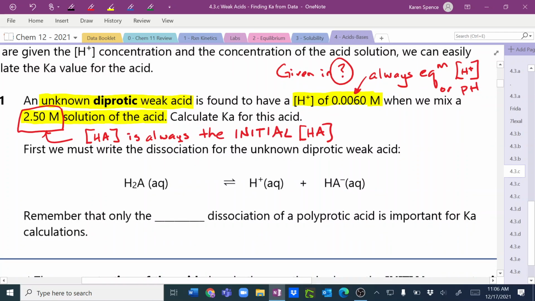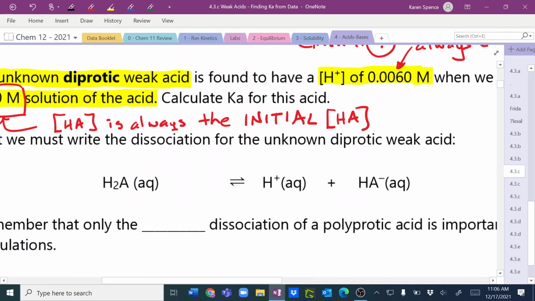Now, because it is a diprotic acid, we have to have an H2, and I've just called it A for acid, yes? You could call it HW for weak, you could call it HX for unknown, you know what I mean? It doesn't matter what you call it, just try not to give it an actual element symbol, like HC, because that would be carbon.